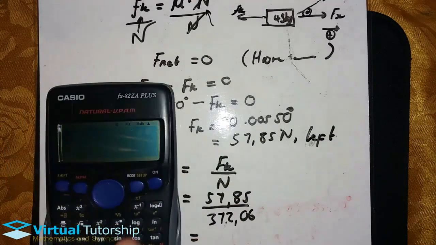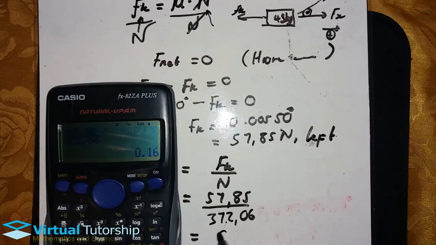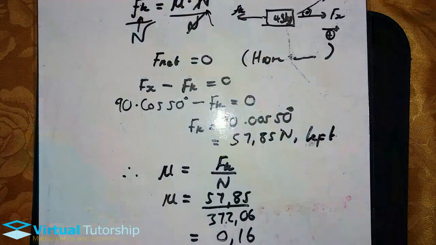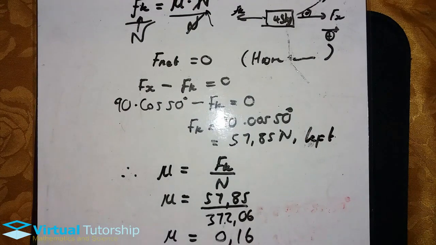So mu is going to be equal to 57.85 divided by 372.06, which is equal to 0.16. So this is the final value of mu. So my mu is equal to 0.16.